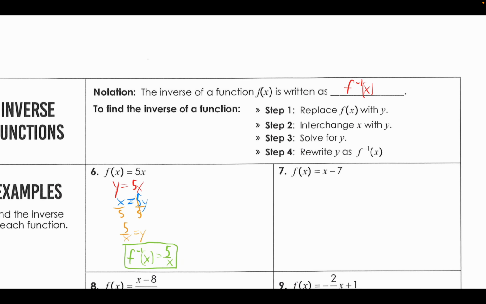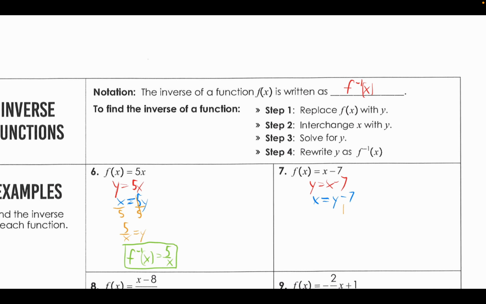Example 7 here. y equals x minus 7. We just replace f of x with y. Once again, a lot of us may end up just skipping that step mentally, which is more than fine. If you find that you benefit from that step, then please, by all means, continue writing it. Then we do step 2 where we change x and y with each other, or switch them, where we get x equals y minus 7.